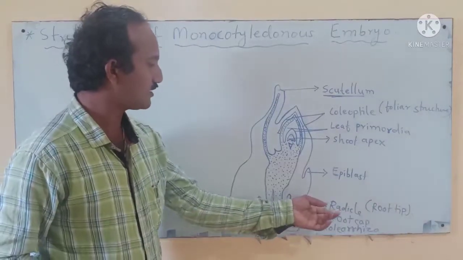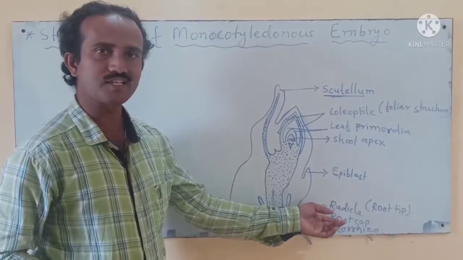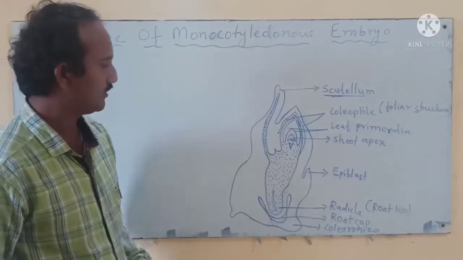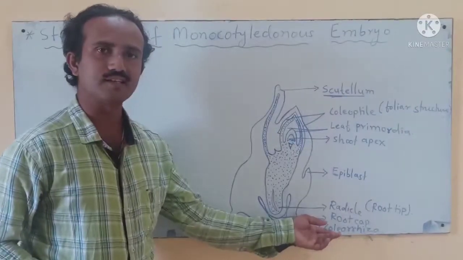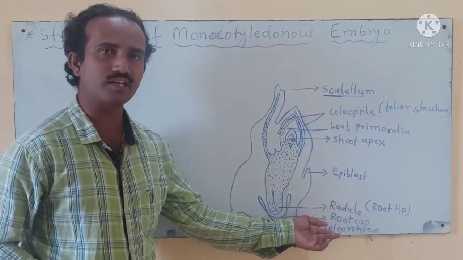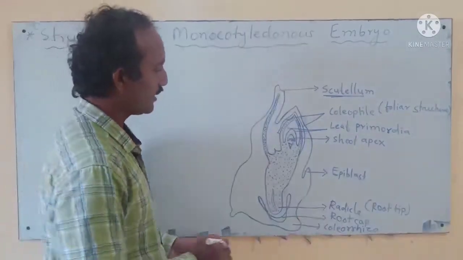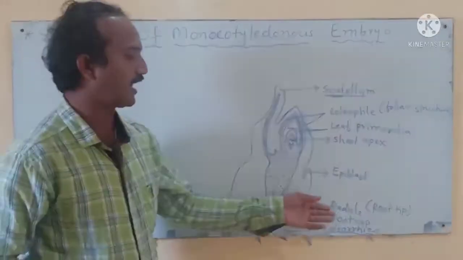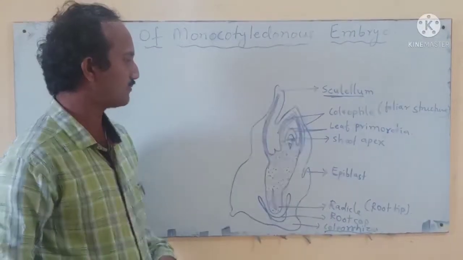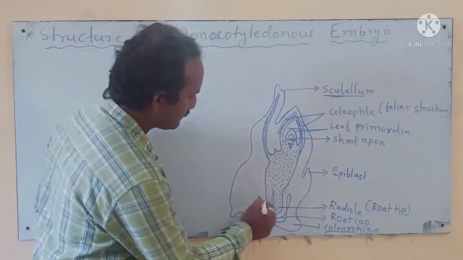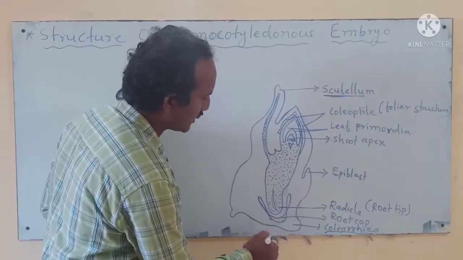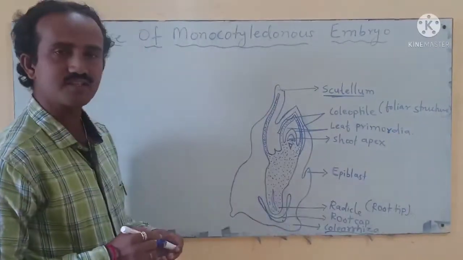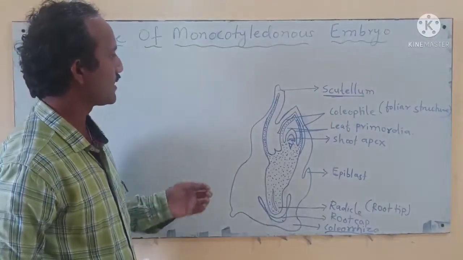Over that there is a root cap, which is enclosed in the coleorhiza, an undifferentiated sheath, present over the radicle as well as the root cap. So this is the root cap, this is the coleorhiza, and this is the radicle from which the roots germinate.